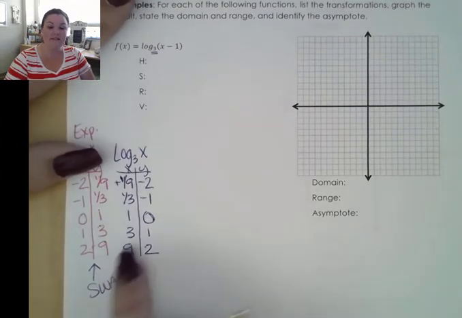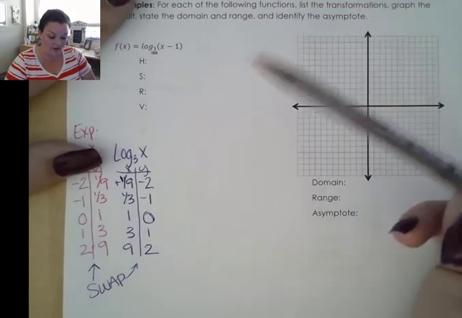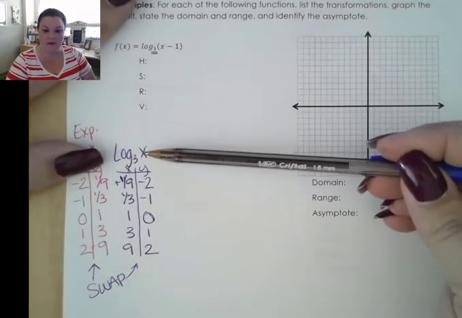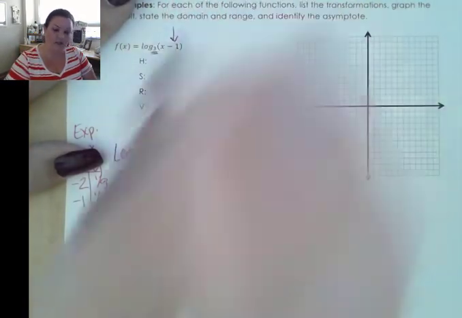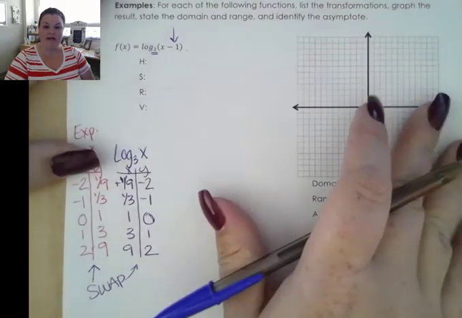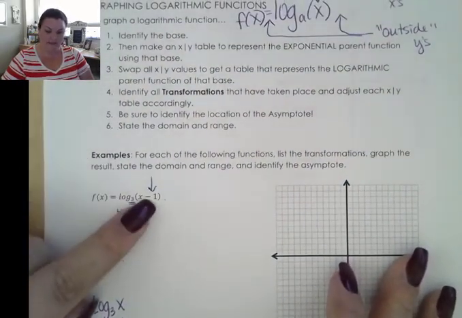Now that I have my log table, I can identify the shifts. So notice the only thing that has changed from this being our basic log base 3 of x function to the function we have here is this one transformation of a -1. And notice that -1 is happening inside the parentheses.